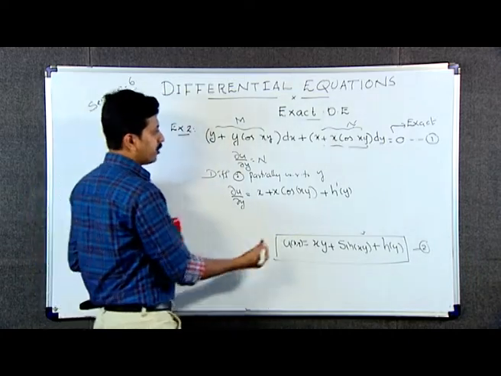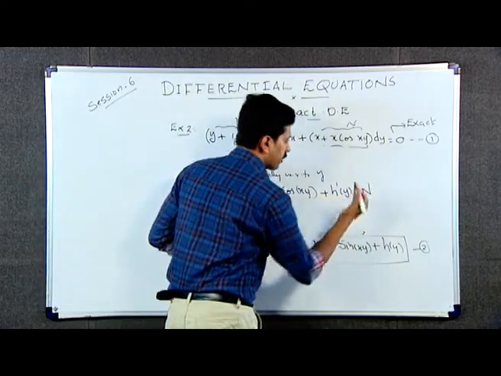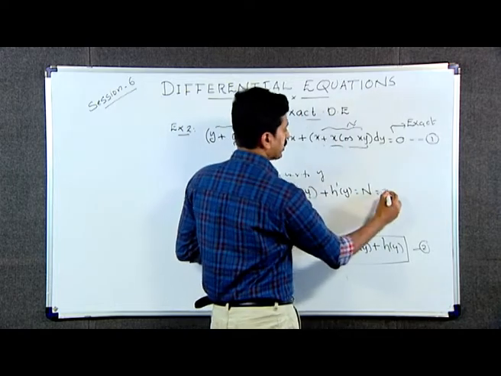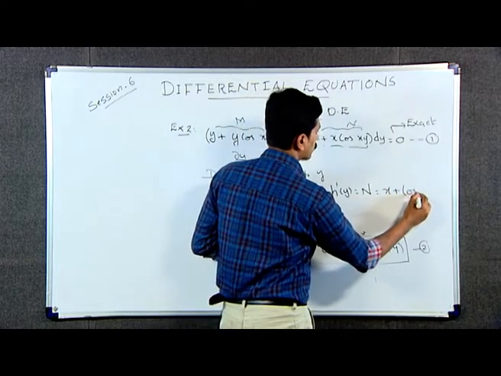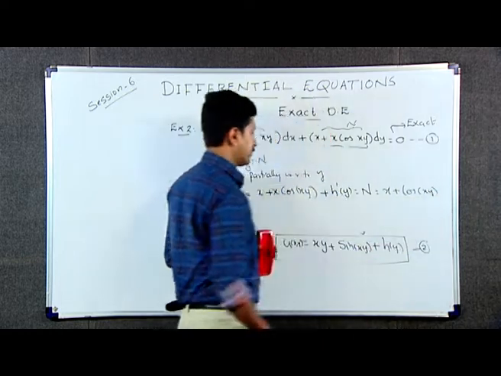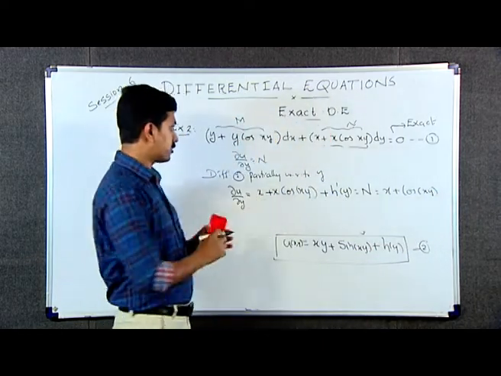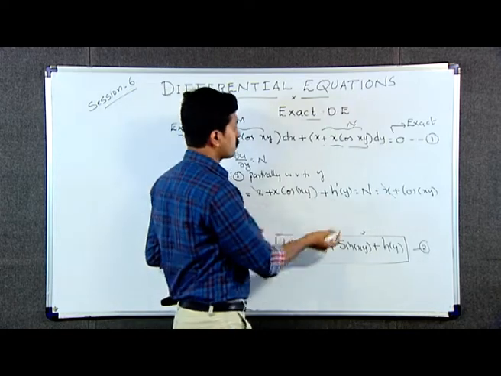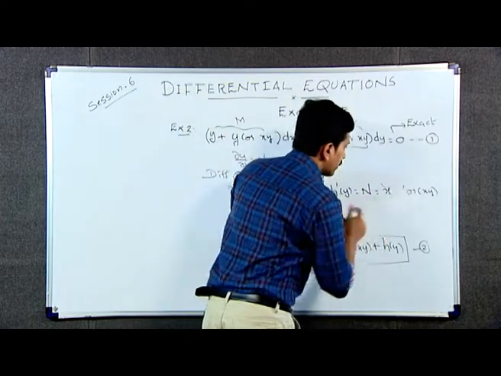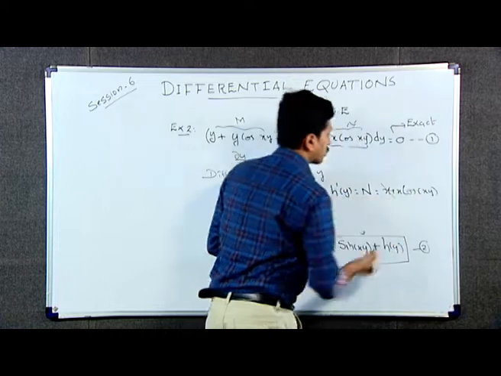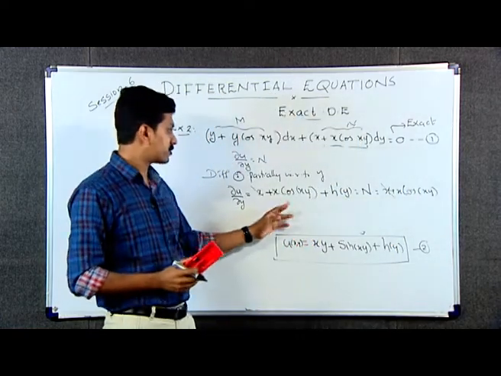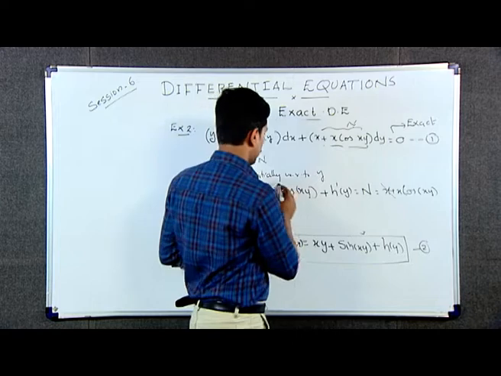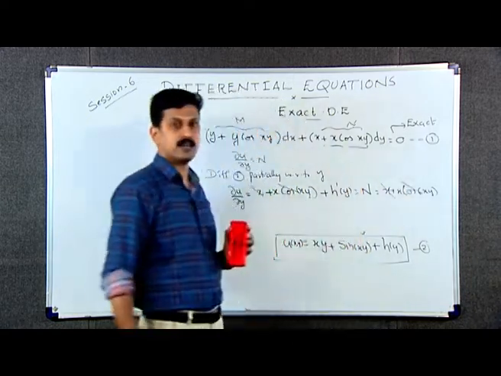See, ∂u/∂y is equal to N. What about the value of N? N is x plus x cos(xy). On both sides, here x is present, so we can cancel x and x, and x cos(xy) is there on both sides.